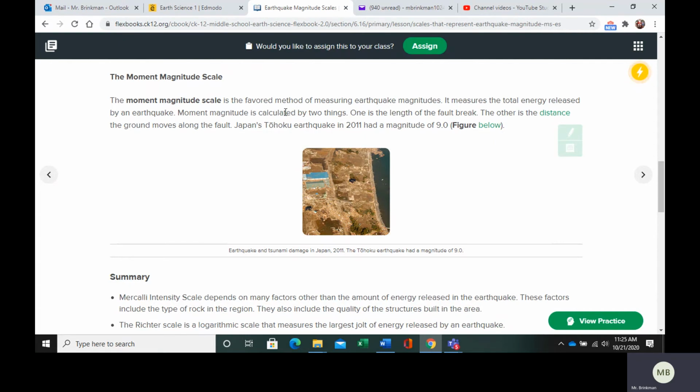Moment magnitude is calculated using the length of the fault break and the distance the ground moves along the fault. Japan's massive earthquake in 2011 had a magnitude of 9.0.